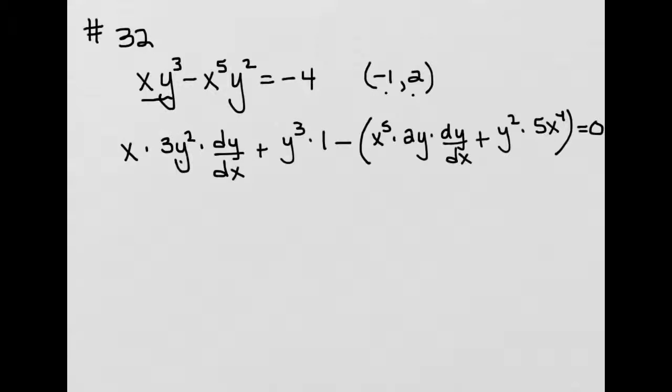So now, to make this a little bit easier on myself, I'm just going to plug in the -1 for x, 2 for y, and then we'll leave dy/dx as my only variable, and then I can easily solve for that.